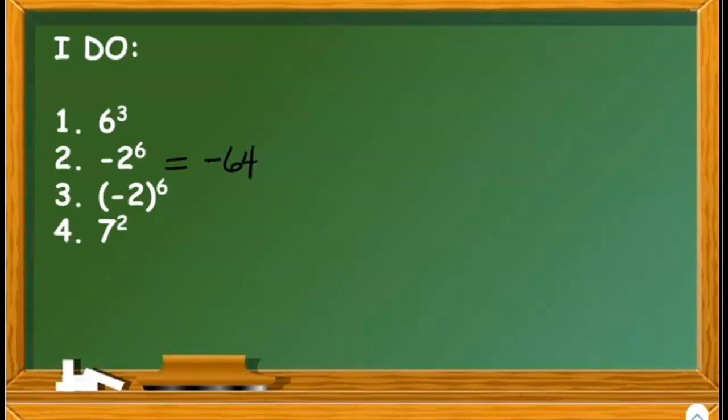You can go back in and double check up above on your number 2. And when I had a negative 2 to the 6 with parentheses, that was a positive 64. So these were not the same, okay? Not the same answer. One was positive and one was negative. So just look at that.